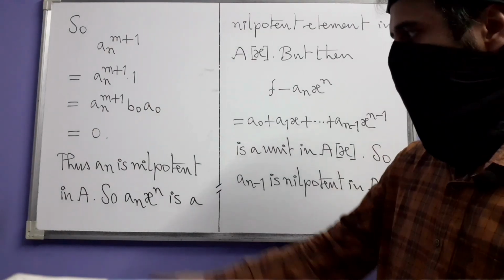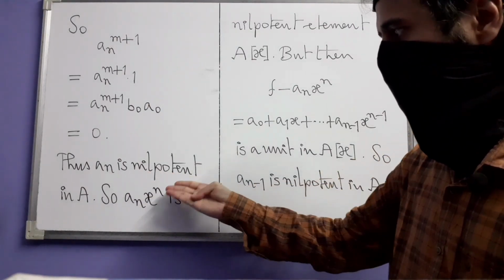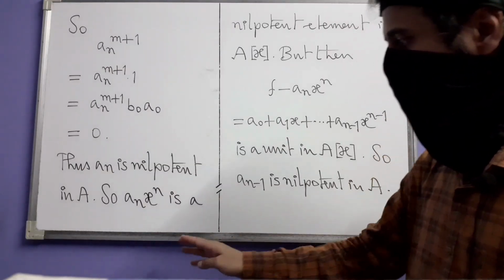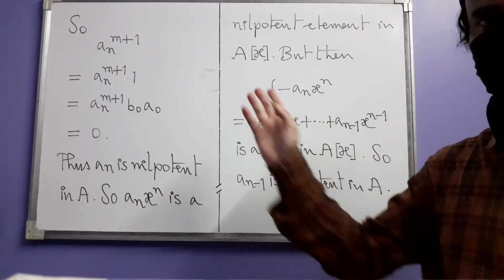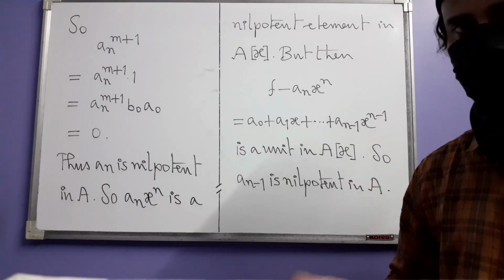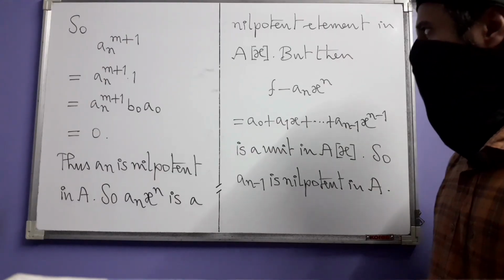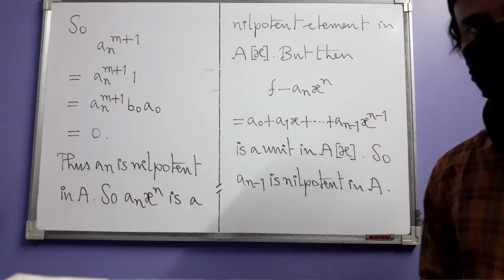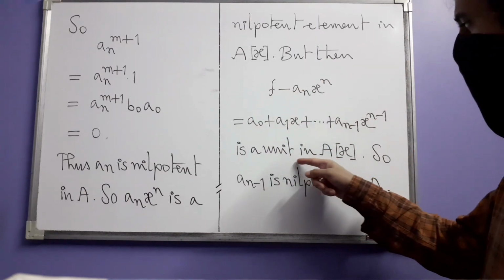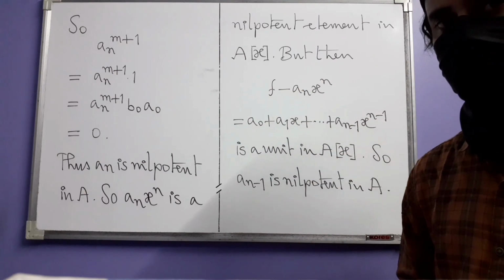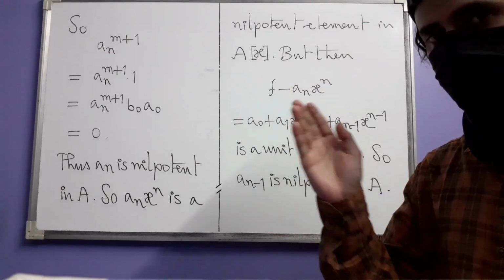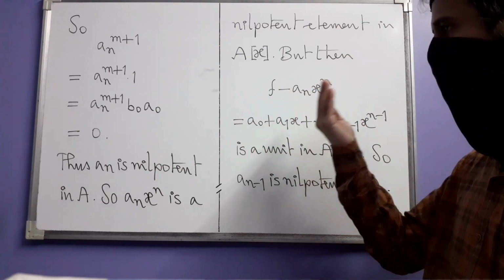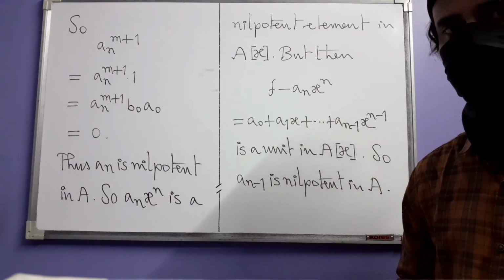So we next move on from this conclusion that a_n is nilpotent in A. Because of that, a_n x to the power n is a nilpotent element in the polynomial ring A[x]. We have already seen this. But then f minus a_n x to the power n is a unit in A[x]. Again we are using our result that we proved in the first paragraph, that the sum of a unit and a nilpotent element is a unit.